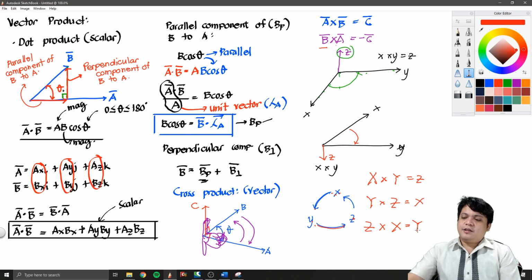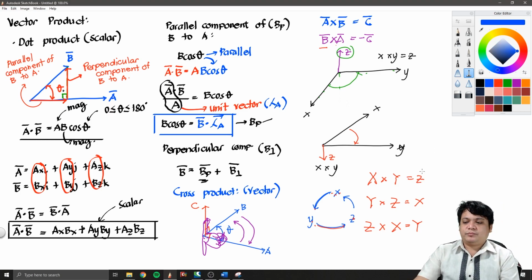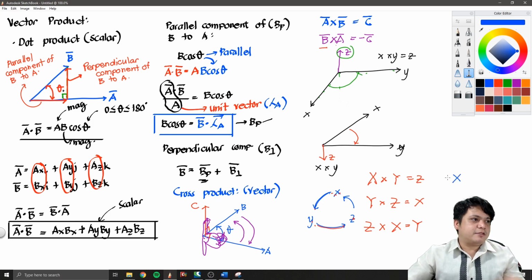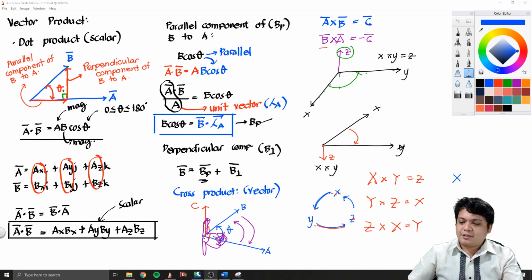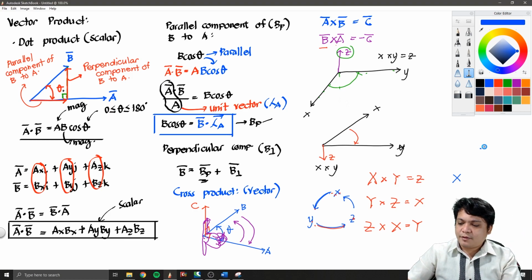Okay? So, paano kapag nagkabaliktad? Okay. Example, I will be having it as X cross Z. Babalikan, no? X cross Z equals to Y. Kaya lang, negative. Okay?